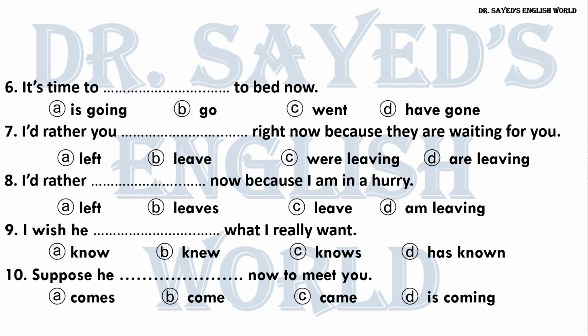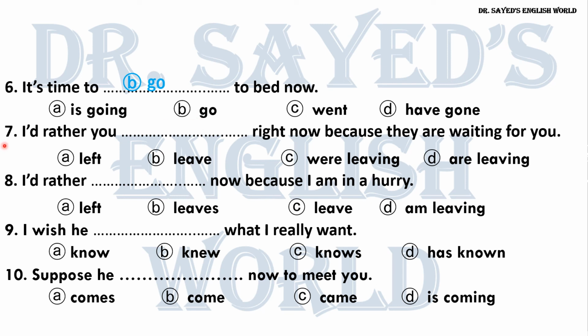Number 6. It's time to bed now. Is going, go, went, have gone. And the answer is to go. We have it's time here, and we have to, so we have got to choose to go. Number 7.